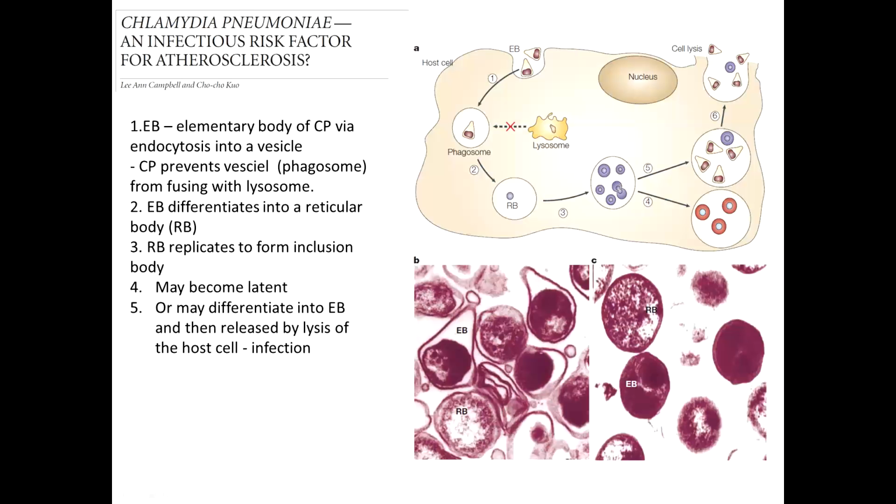So the top figure gives you a diagram depiction of what's going on, and then the bottom figures, B and C, actually show you those EB and RB, vesicles, phagosomes. And this is actually an atherosclerotic plaque lesion. I can't believe I just said plaque.